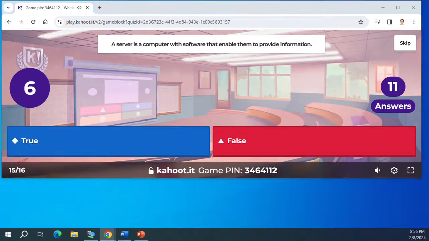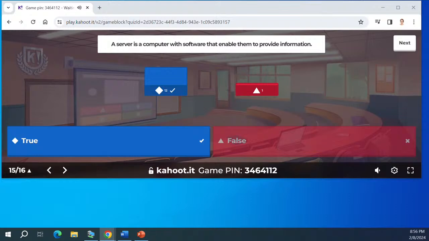Boy, that is so vague. Nope, but that's what it says in Module 1.